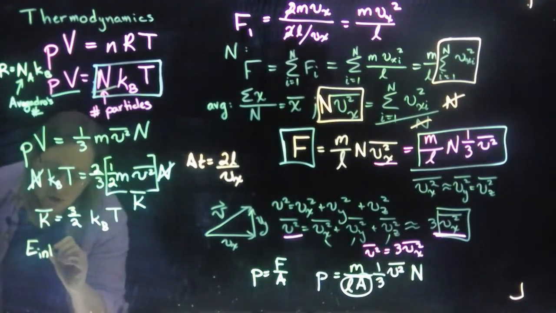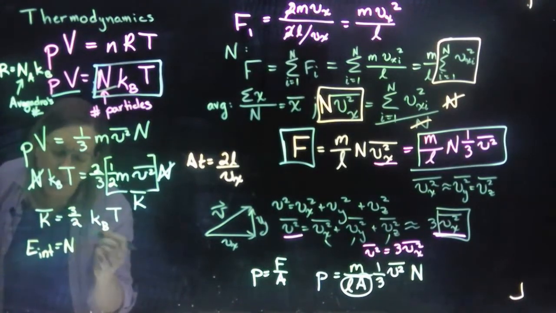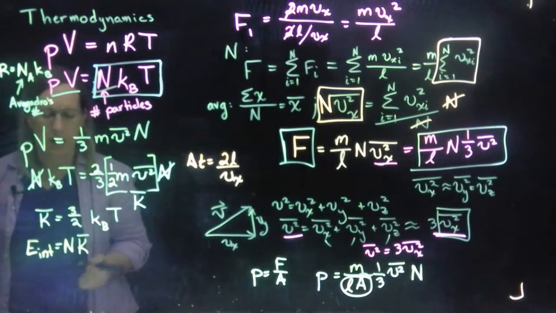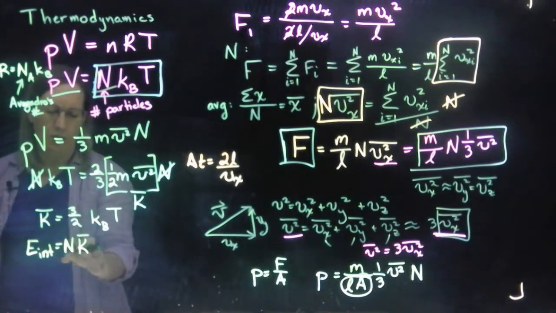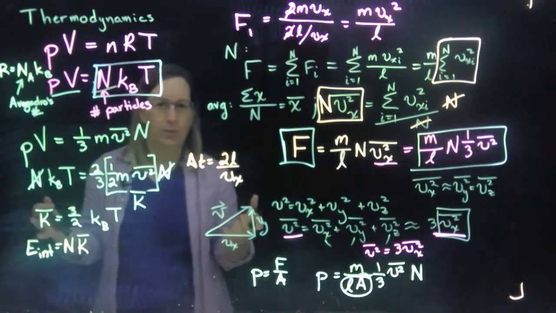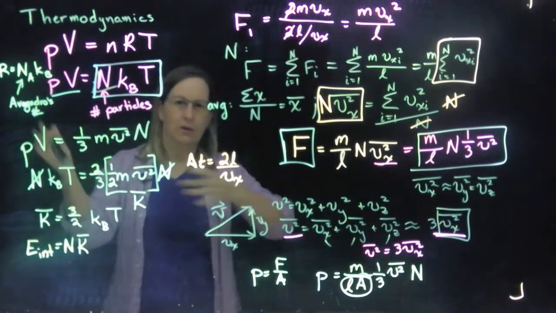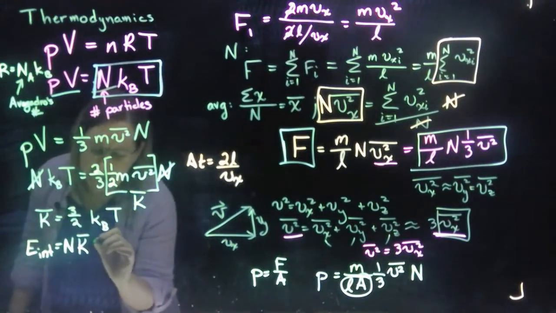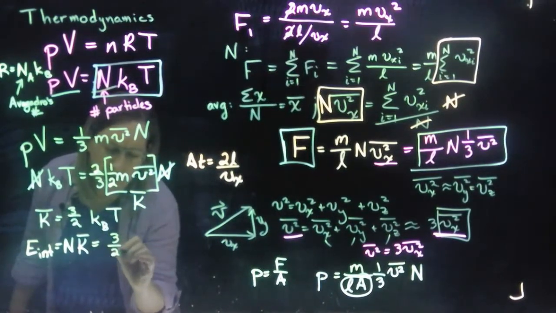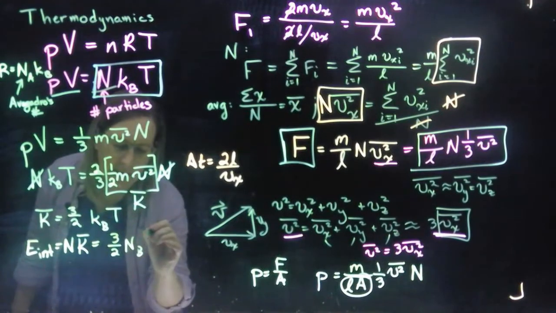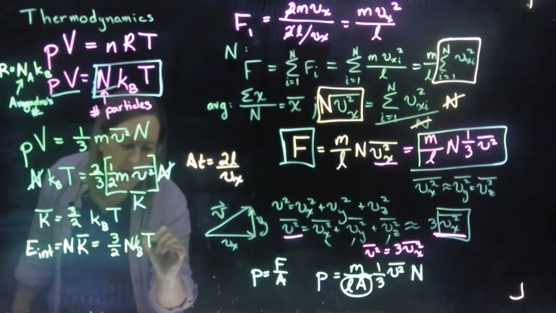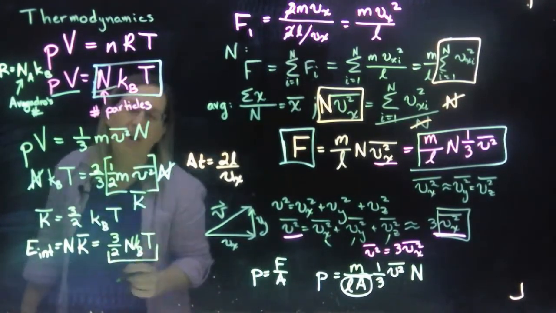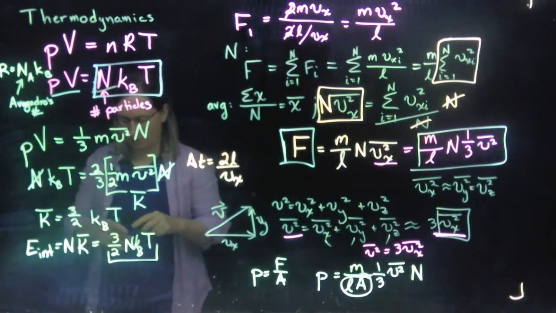Our internal energy is just the number of particles times our average kinetic energy, because that's the energy we have. You think about bouncing BBs or something like that, then this becomes 3/2 N kB T. That is our average internal energy.